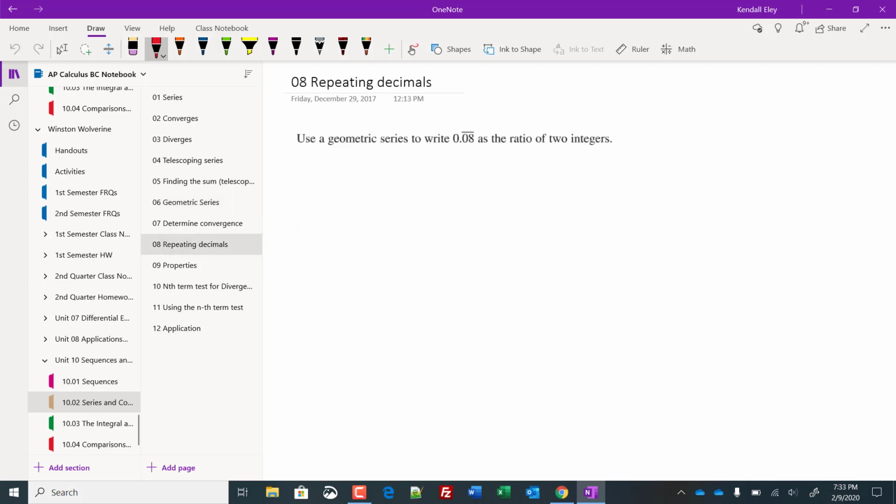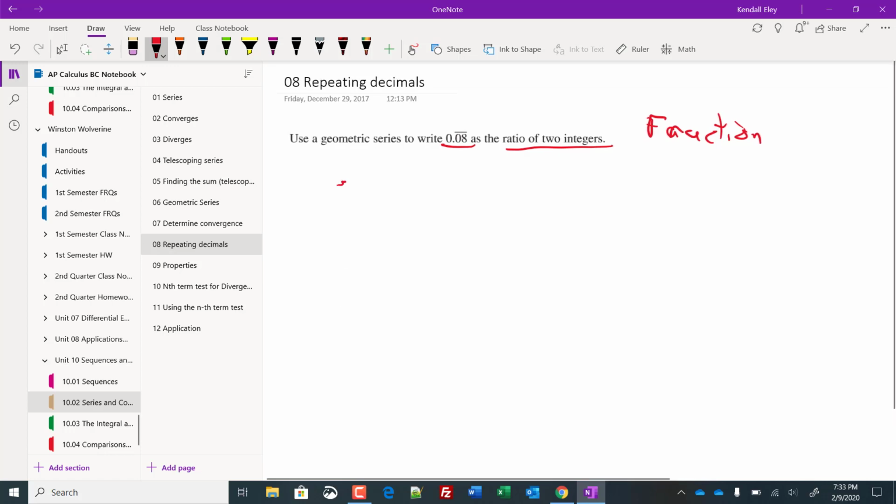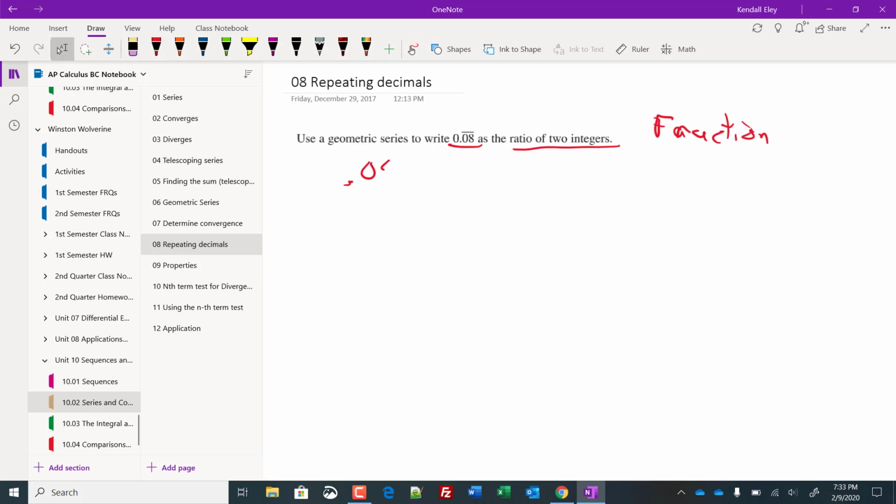Now, we can use that to figure out how to write this 0.08 repeating as a ratio of 2 integers. That's just another way to say how can we write that as a fraction. Now if you think about what 0.08 with a line over it means, it's 0.08080808, it just keeps repeating just like that all the way through.